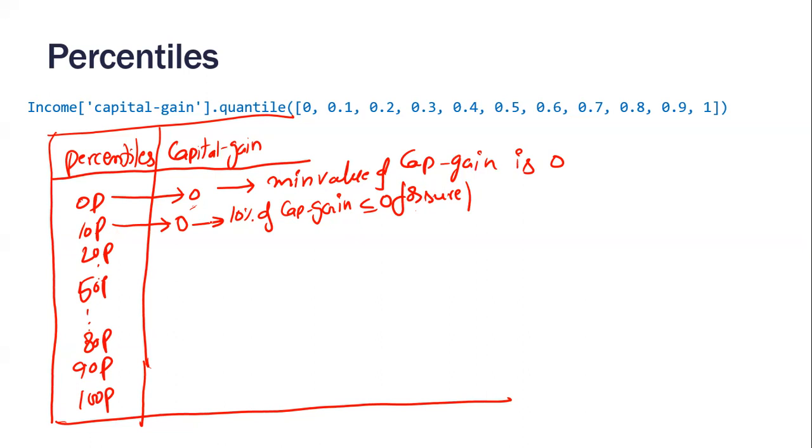In this particular case, it is actually equal to 0. If you want to write it in generalized form, let's say the 10 percentile is 2, then you will say 10% of the capital gain is less than or equal to 2. Since it is 0 here, you will say it is less than or equal to 0.